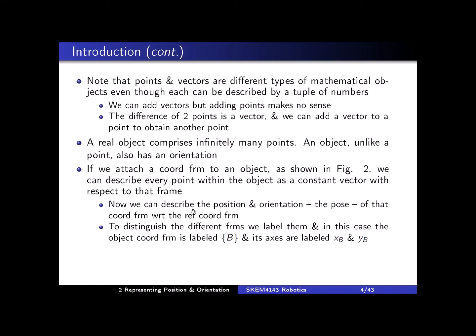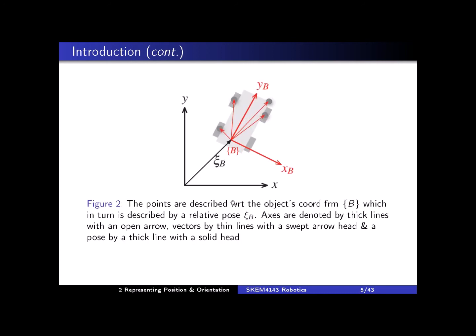Now we can describe the position and orientation, or what we call the pose, of that coordinate frame with respect to the reference coordinate frame. Because we have attached our coordinate frame fixed on the robot, the position and orientation of our mobile robot is just the position and orientation of our coordinate frame with respect to this reference coordinate frame.